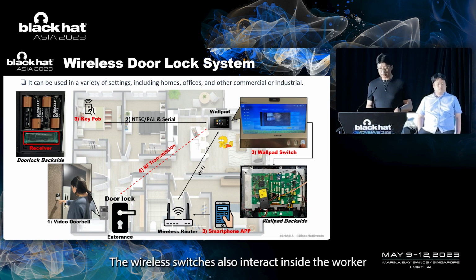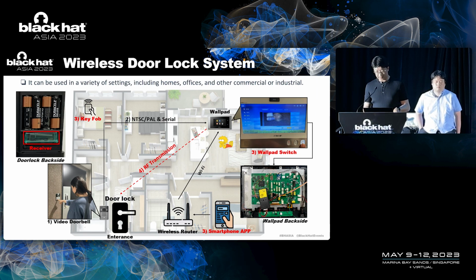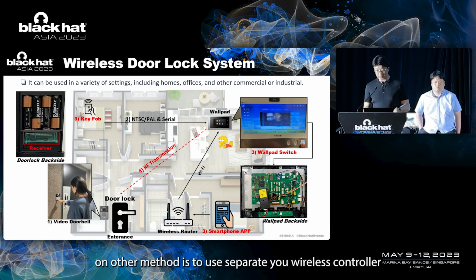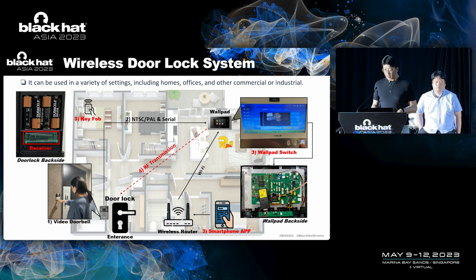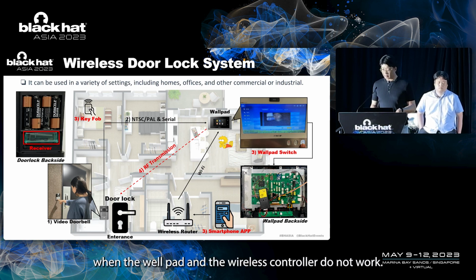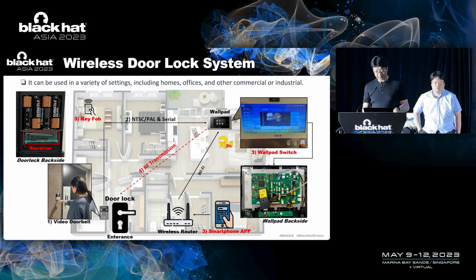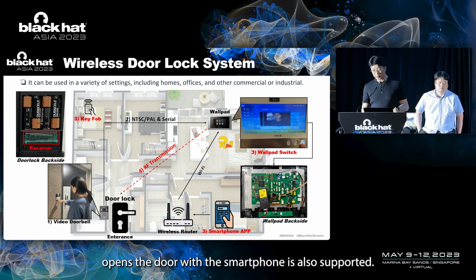Currently, the wireless switch is also interlocked inside the wall pad. Another method is to use a separate wireless controller to open the door when the wall pad and wireless controller do not work. Recently, a door lock function that opens the door with a smartphone is also supported.